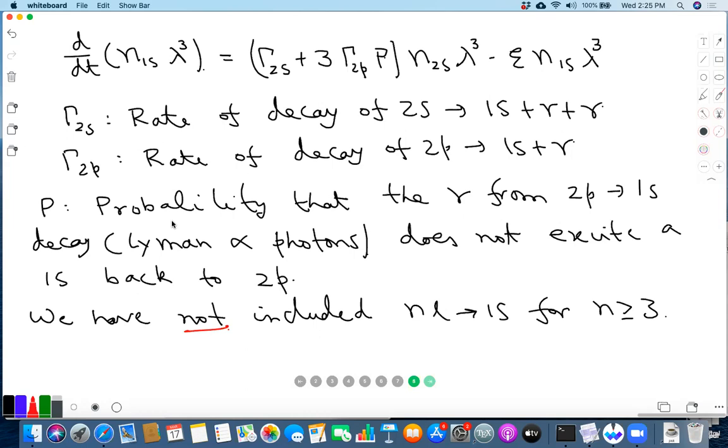But then can we also assume that 2s states are in thermal equilibrium? Let's say an electron is captured with a proton. It forms a hydrogen atom in the 1s state. Okay, I understood. I think my question is not well formulated. So it gets to a very highly excited state.